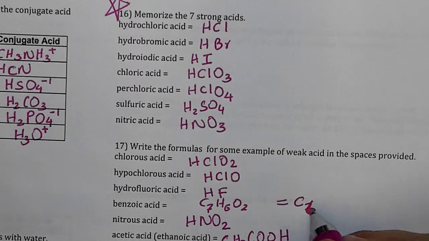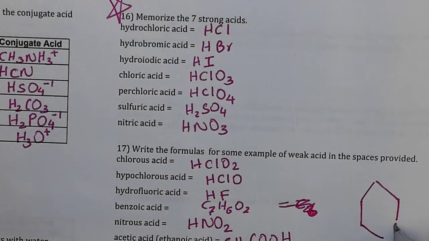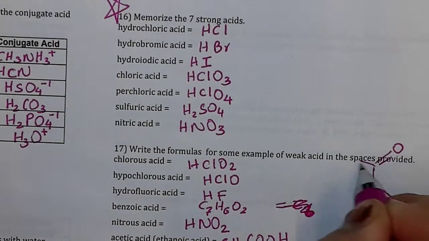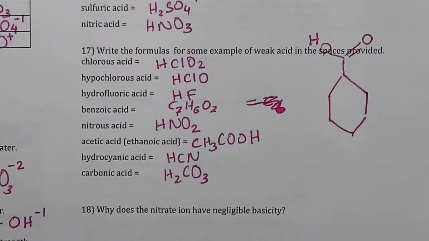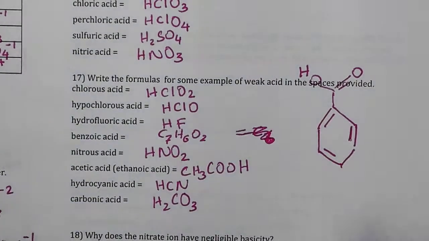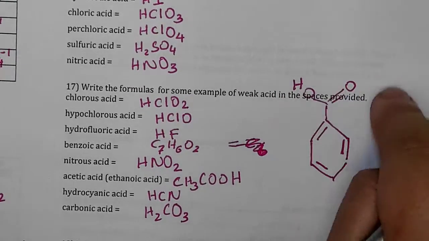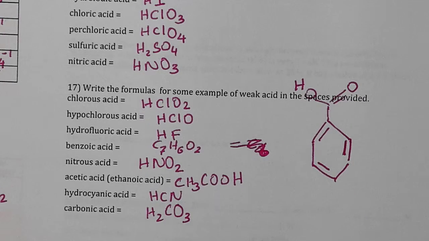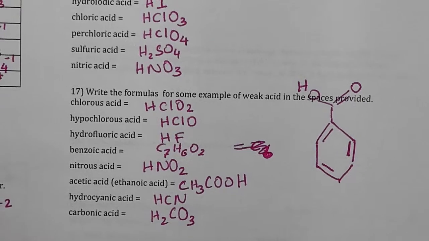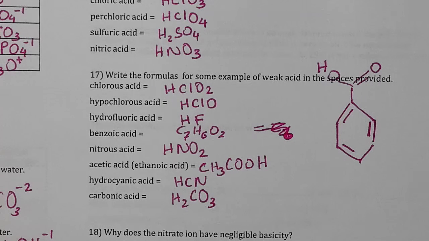Actually, I'll just draw it. It's something like that. That's where it is happening. It's benzoic acid, a benzene ring with a carboxylic acid, basically. So benzoic acid. This H is the one that is coming out, falling out.